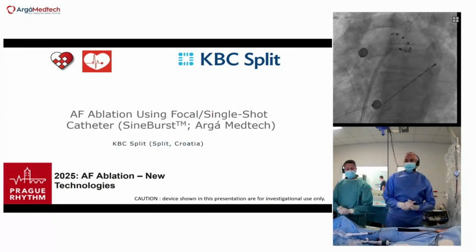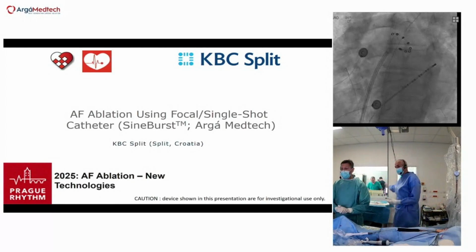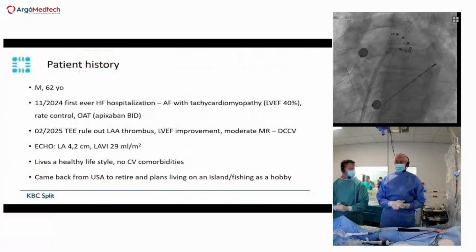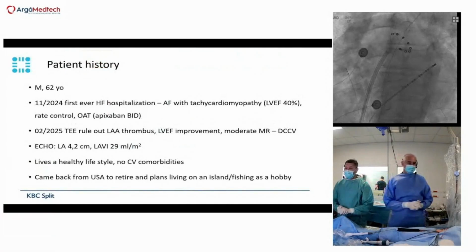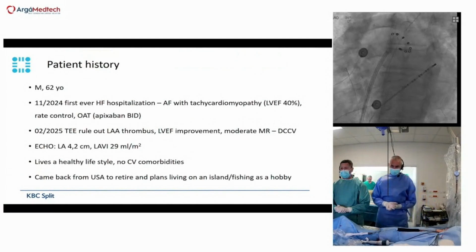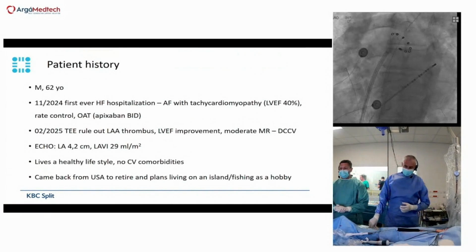Let me first tell you about the patient, and then I will tell you what we have done. It's a 62-year-old gentleman hospitalized due to symptoms of heart failure in November last year. It was cardiomyopathy with mildly reduced ejection fraction and atrial fibrillation, probably tachycardiomyopathy due to persistent atrial fibrillation. He was discharged on rate control and oral anticoagulant therapy.